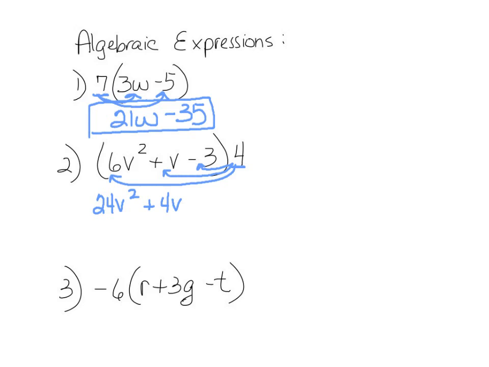And 4 times -3 is -12. So simplified, that expression would be 24v squared plus 4v minus 12.